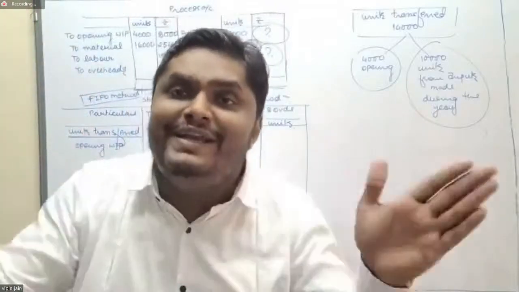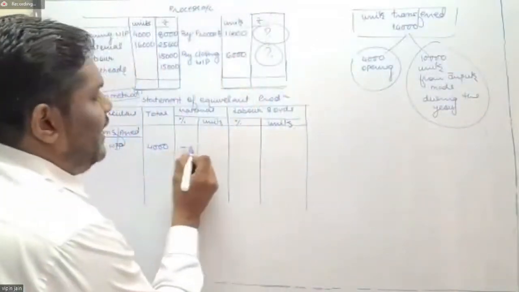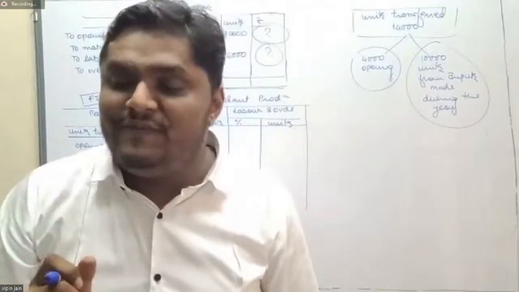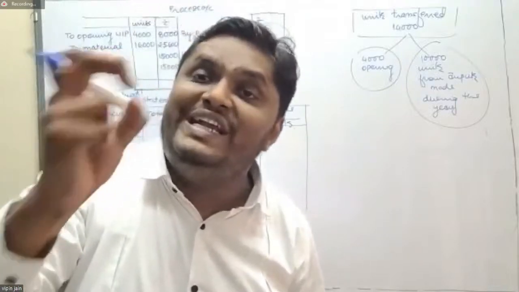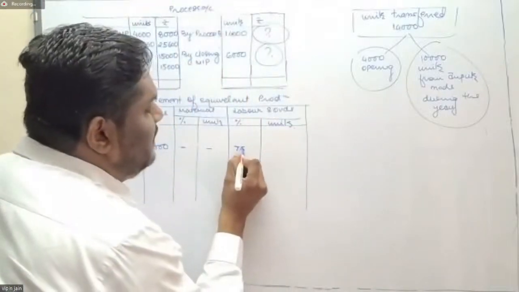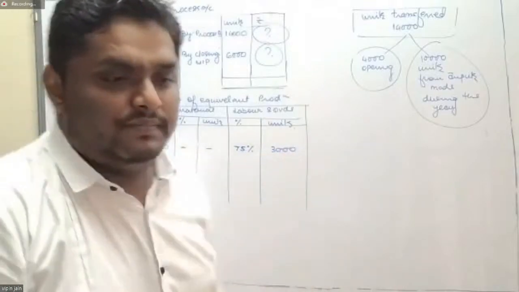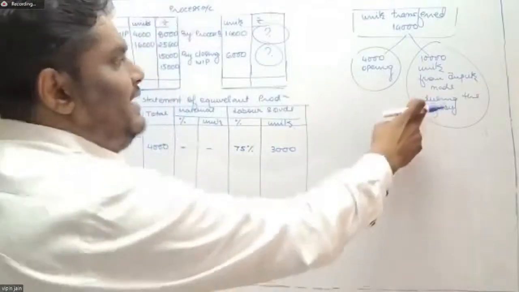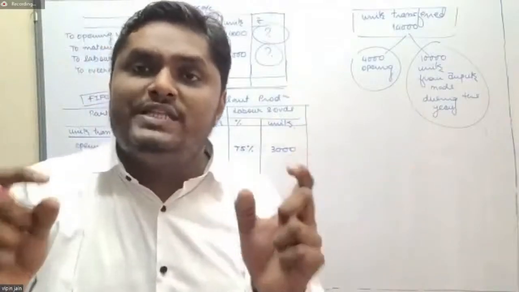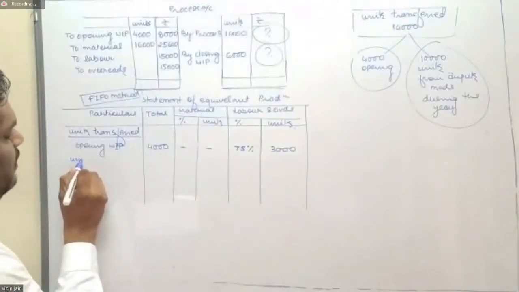So this much is already done last year. So how much work will be done this year? No work is required on material because the entire material was processed last year itself. As far as labor and overheads is concerned, 25% is already completed last year. So balance 75% will be completed this year. So this will be 3,000. Now since 10,000 is from the units introduced during the year and they are not processed at all, that's why they are 100% processed during this year. So units started and completed.